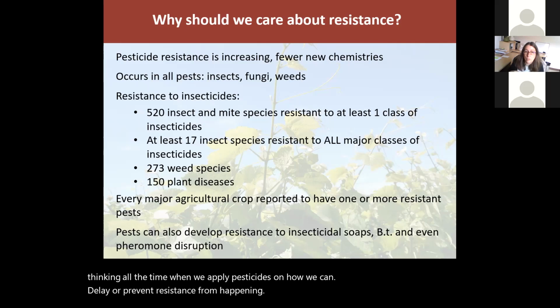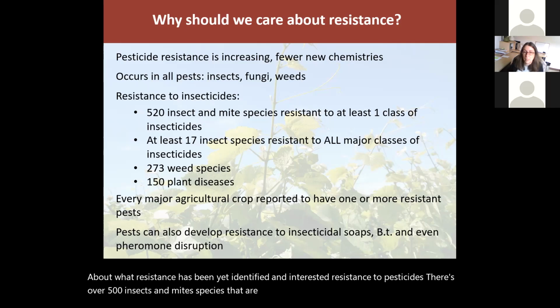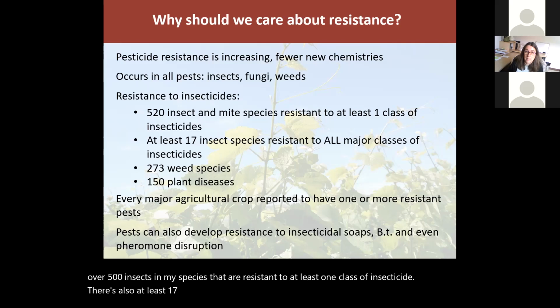So here are some numbers about what resistance has been identified, and it should say resistance to pesticides. There are over 500 insect and mite species that are resistant to at least one class of insecticide. There are also at least 17 insect species that are resistant to all major classes of insecticides.